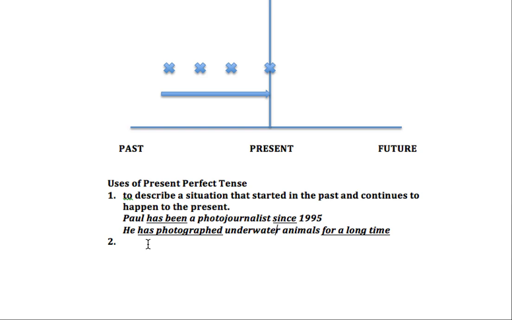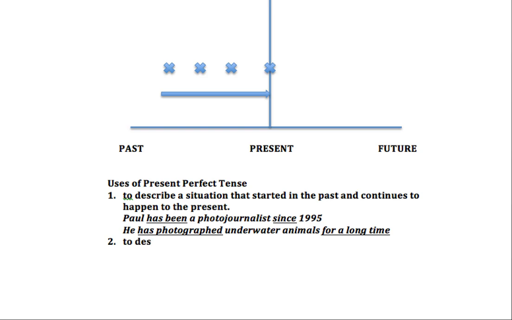So the second reason why we use present perfect tense is to talk about something that happens repeatedly during a period of time from the past until the present.